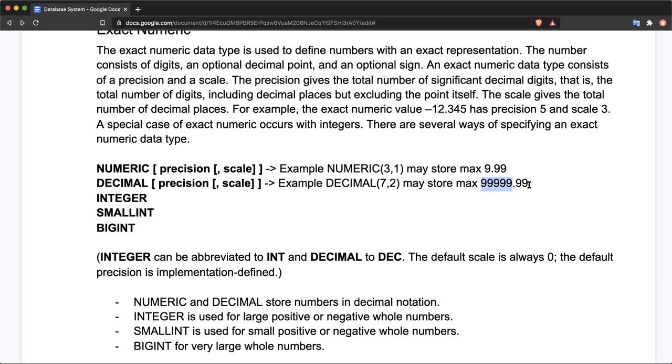So the maximum value that can be stored with a number defined as decimal(7,2) is 99,999.99.